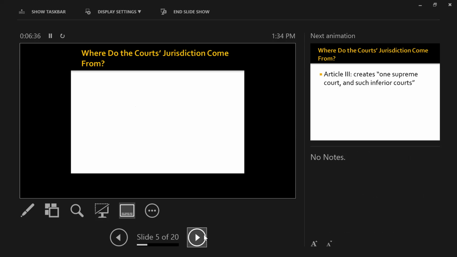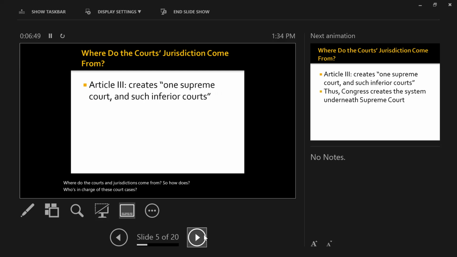Now, where do the courts and jurisdictions come from? Who's in charge of these court cases? Article 3 creates one Supreme Court and such inferior courts.